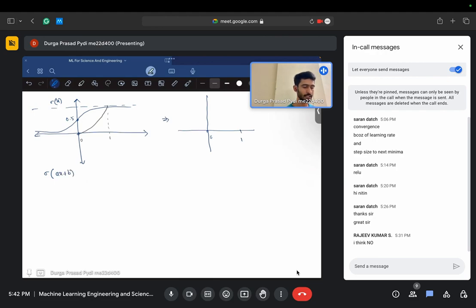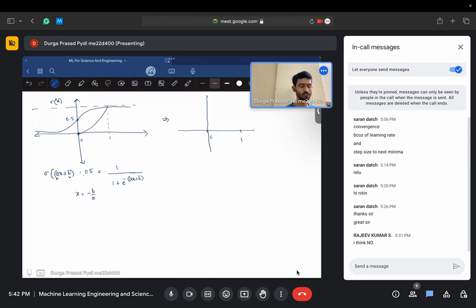So what are these A and B doing here? When will this function be equal to 0.5? Sigmoid of Ax plus B is 1 by 1 plus e to the power minus (Ax plus B). So this is going to be 0.5 when x is minus B by A. And what will A do?